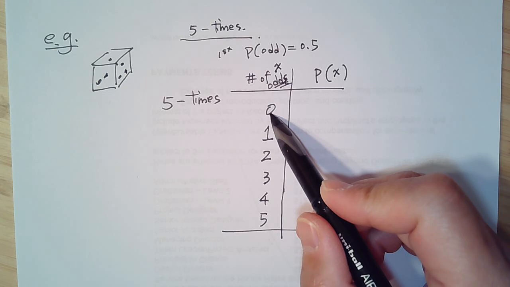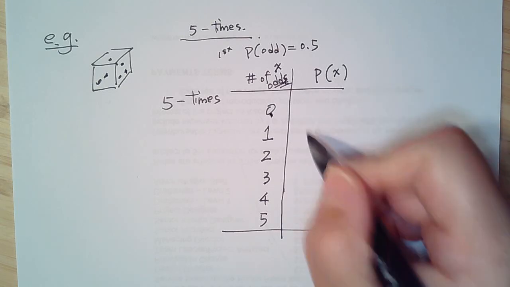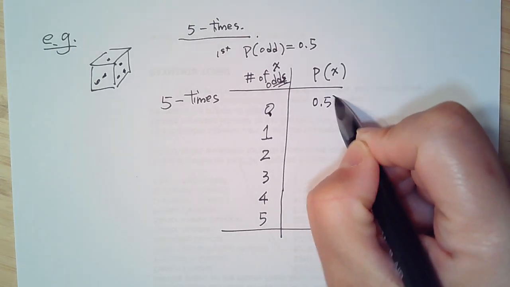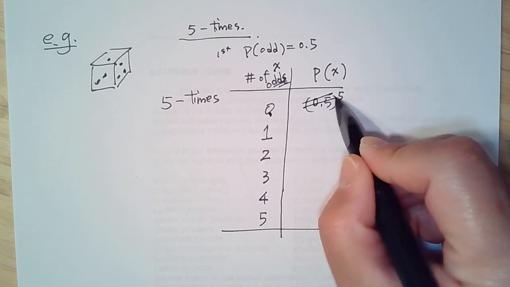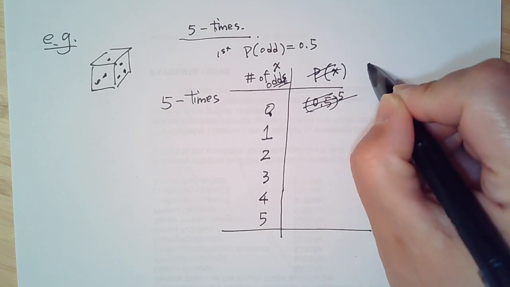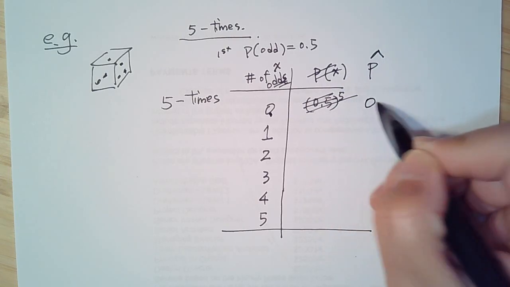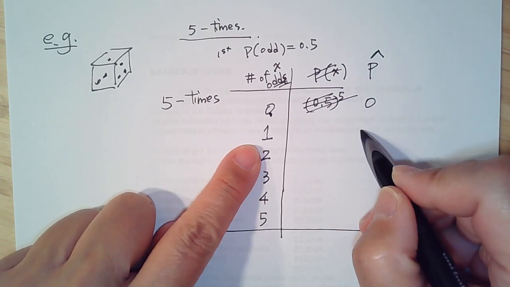All even. So is that 0.5 to the 5th power, or the sample proportion? Sorry, let's do the sample proportion. So that's 0 over 5, and this is 1 over 5.